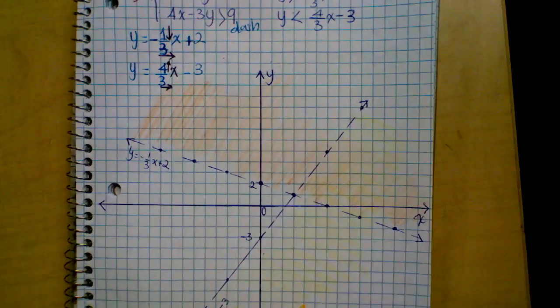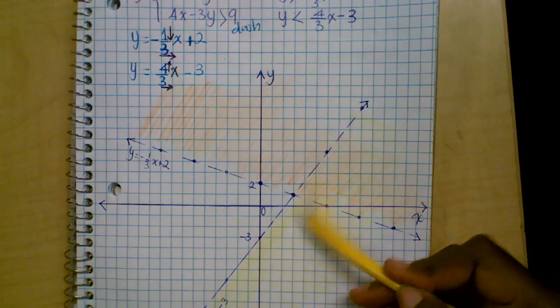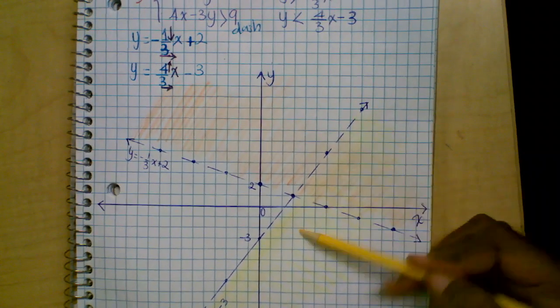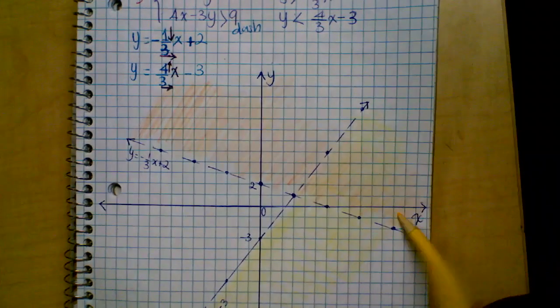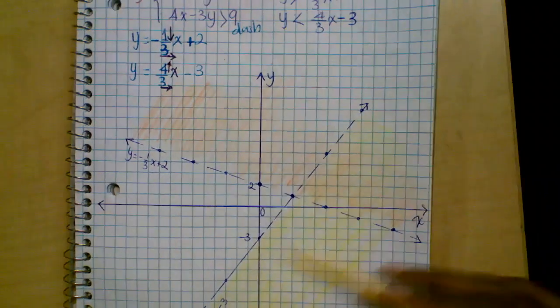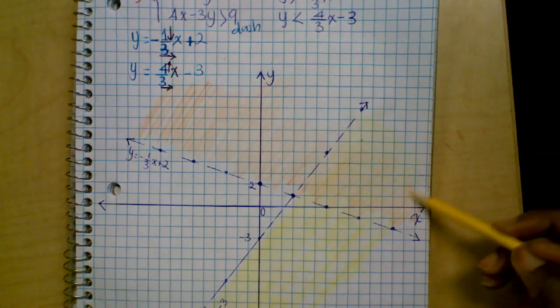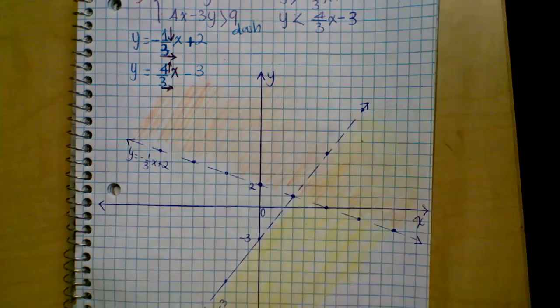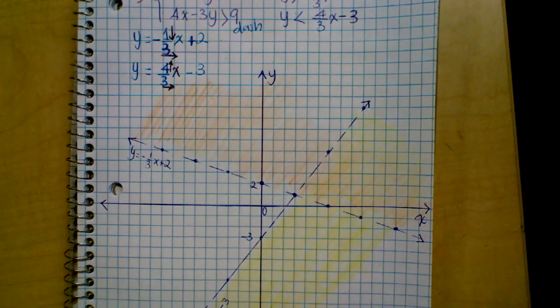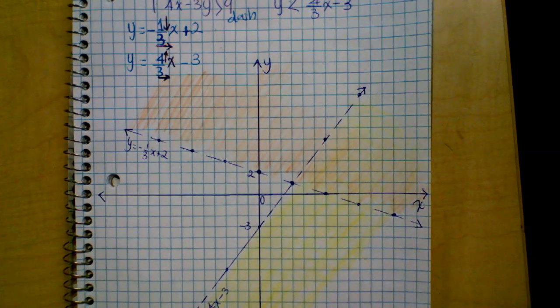Now we're not done yet, because for the system, we need to identify the area where both shaded regions overlap. Can you see where both shades overlap? That's the solution region that we need to highlight. Can you identify the solution region for the system?